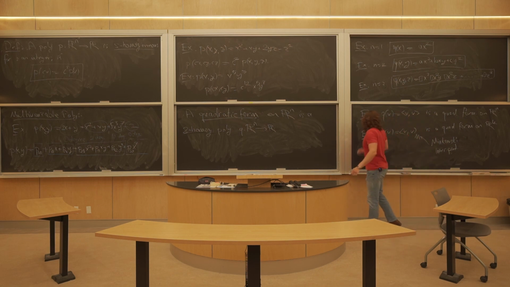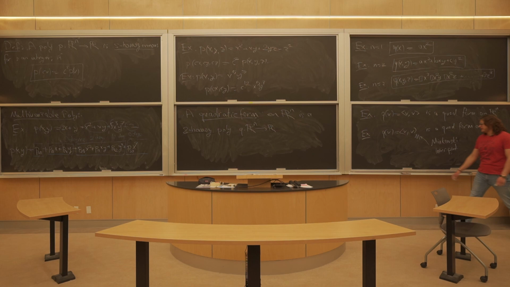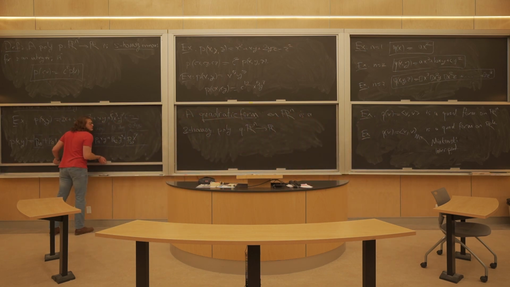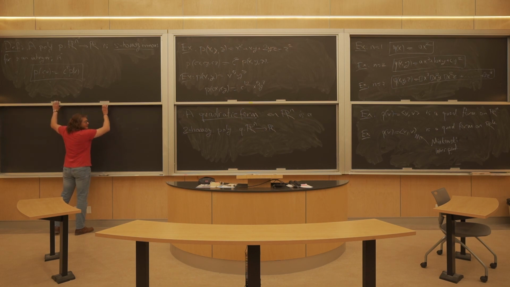Okay. Now, based on this, at least this first example, this actually gives us a way to apply the spectral theorem to this situation. Because any quadratic form really can be packaged into a matrix product.